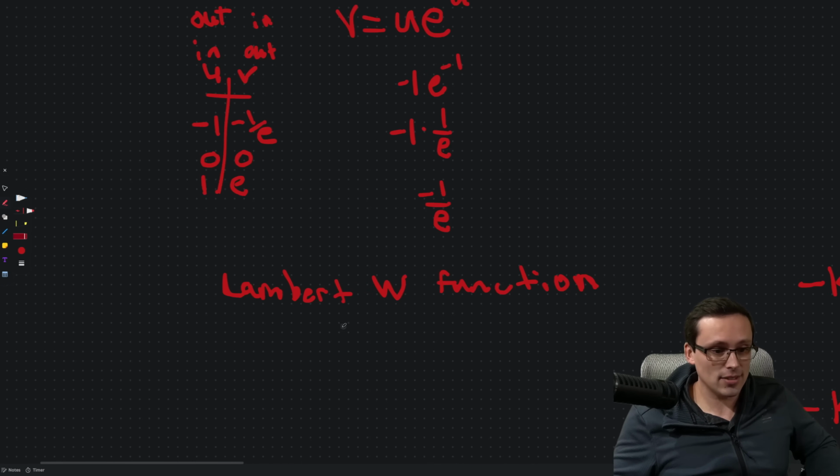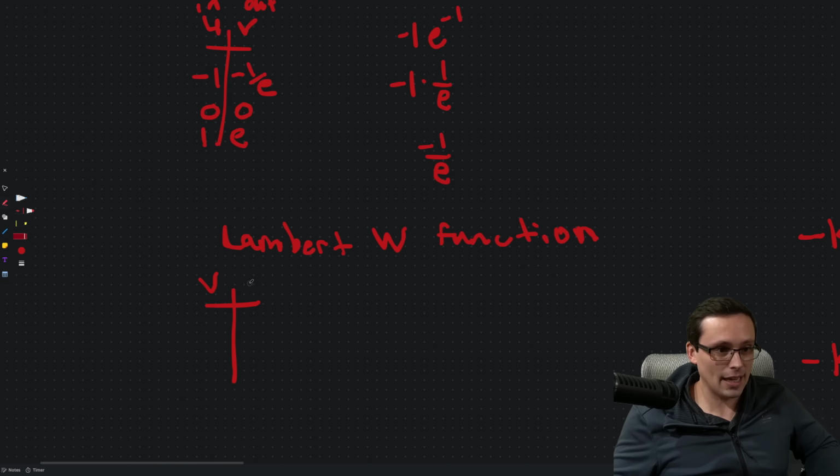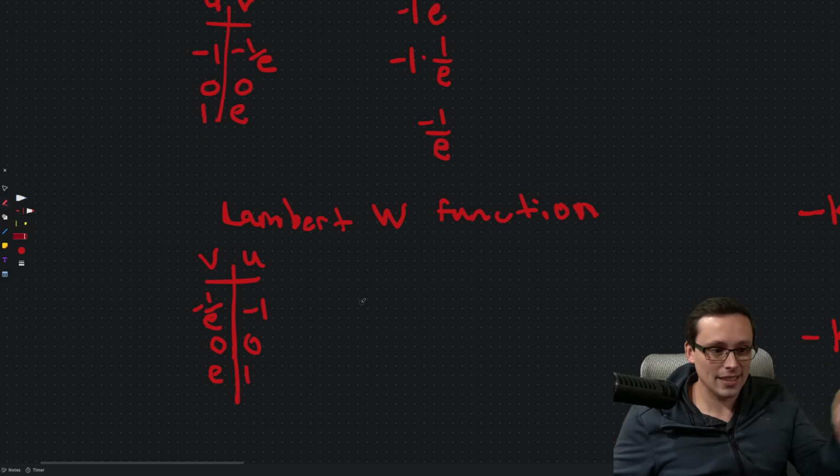So in that case, we would get these results. The results would be where I input v's and it outputs the u's, and this would be negative 1 over e, and it would output a negative 1. And if I input a 0, it would still output a 0. And if I input an e, it would still output a 1. So this is the idea of the Lambert W function.